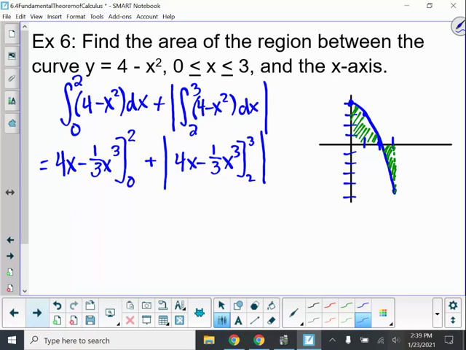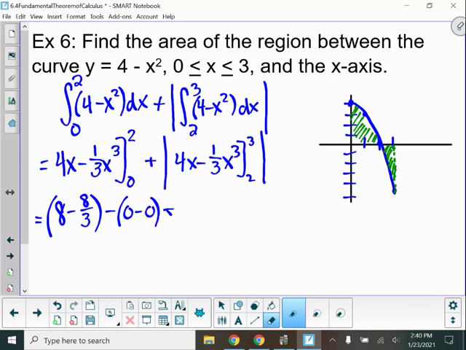So if I plug in my 2 here, I'm going to end up with 4 times 2 is 8. 2 cubed is 8 times a third, so 8 minus 8 thirds. When I plug in 0, I'm just going to get 0 for both of those. And then I'm going to add to that what I get inside my absolute value.